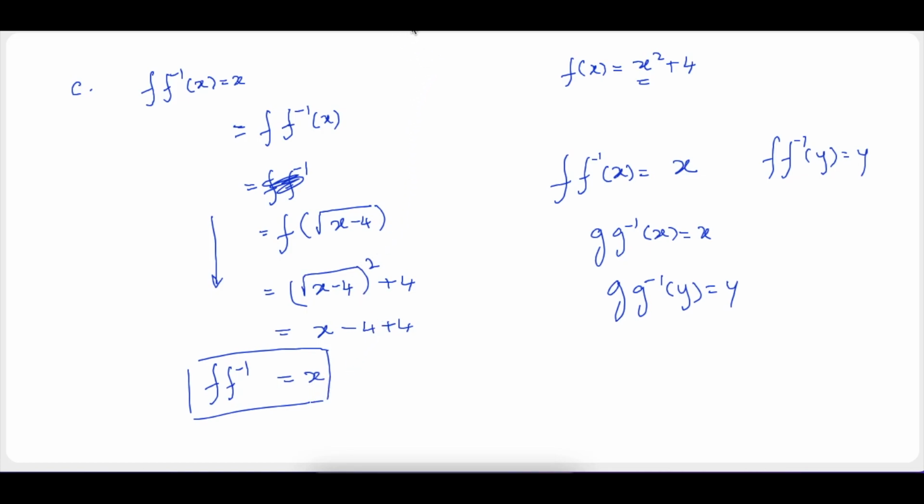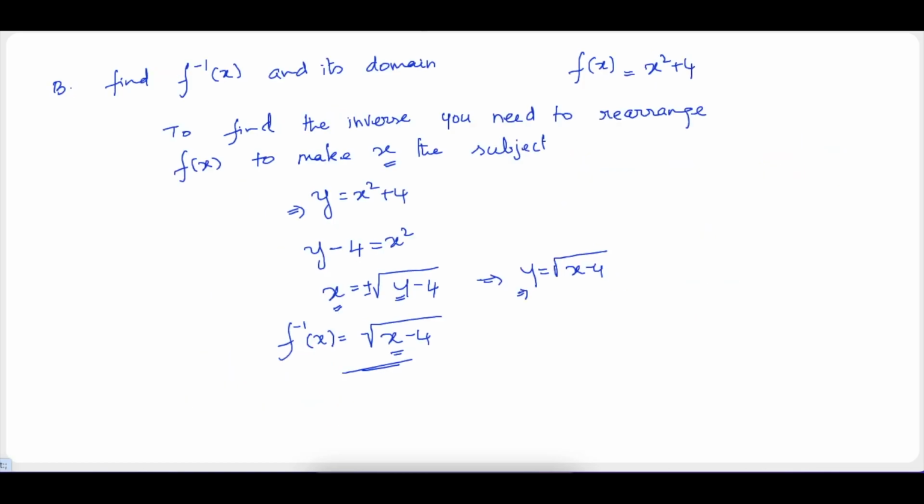Okay, so you might have doubt about finding the f inverse. Very simple. To find the inverse of any function, whatever the equation f of x, first we need to assign it to y, x square plus 4, right? After assigning to y, you need to solve for x.